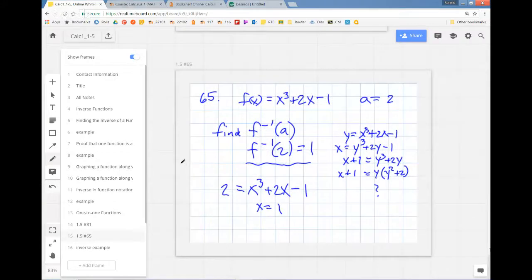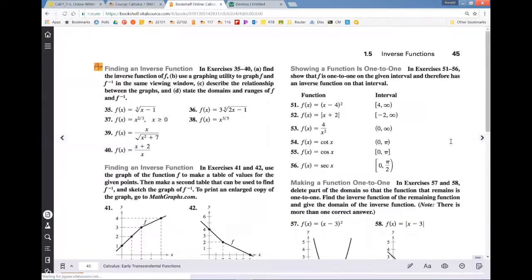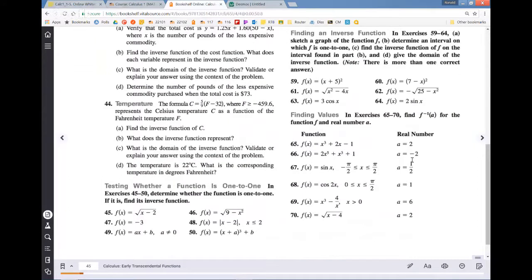Number 65. Let's just take a look at this one. Okay, I'll take a look at the directions here. Number 65 says, take this function x cubed plus 2x plus 1 and find its inverse, find f inverse of a.